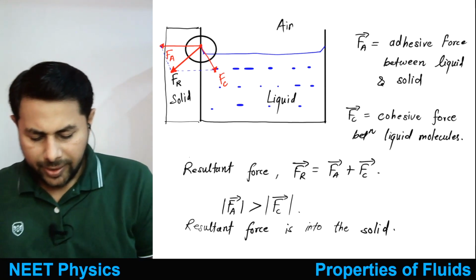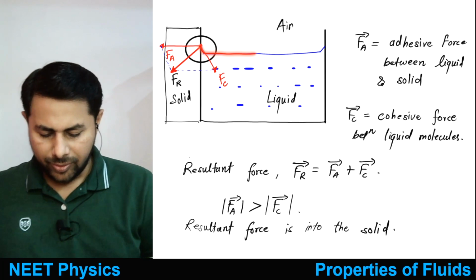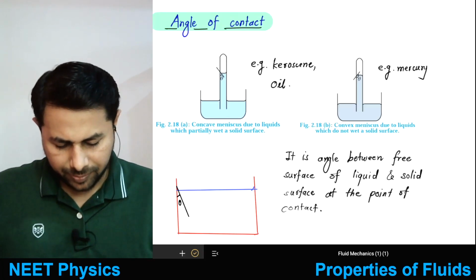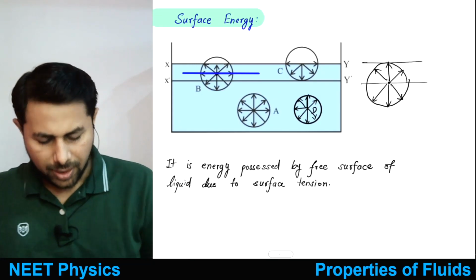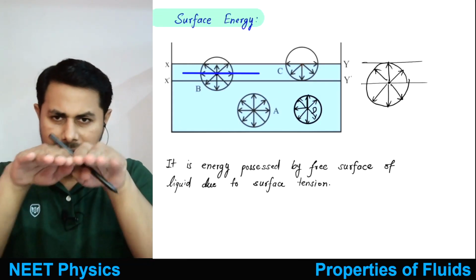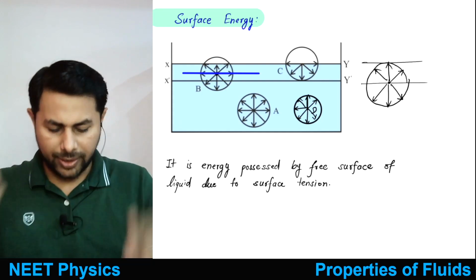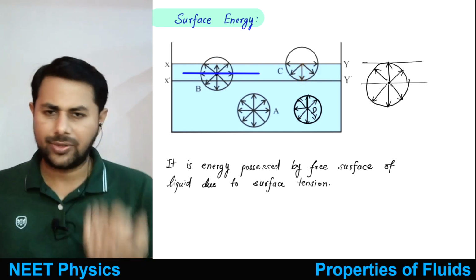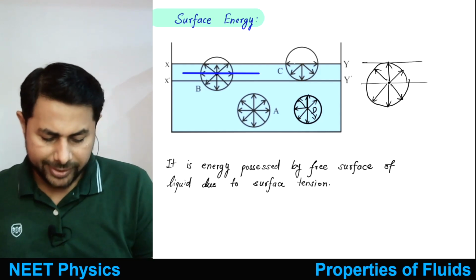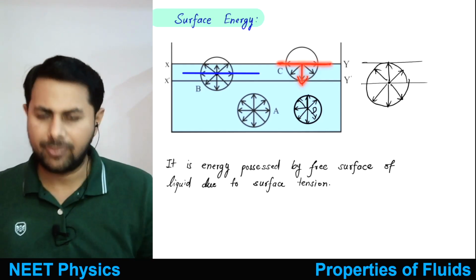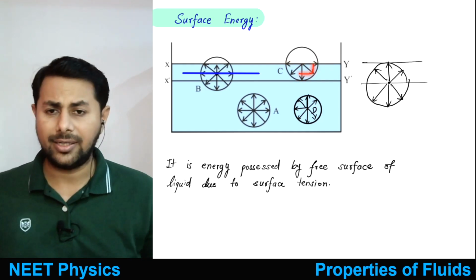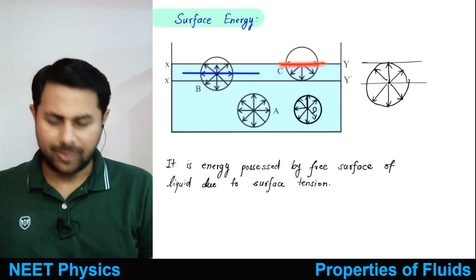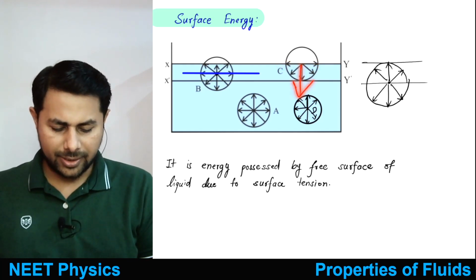So see, this free surface of liquid would always be perpendicular, as we discussed here also. If you think here, this is the free surface of liquid, the free surface of water, let's say. In what direction is the net force acting? It is downwards. What's the angle between the free surface and the net force?